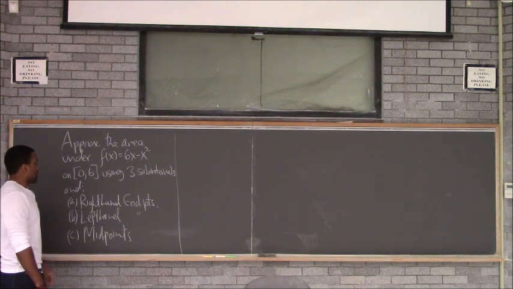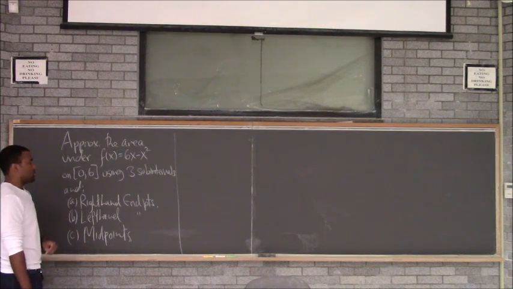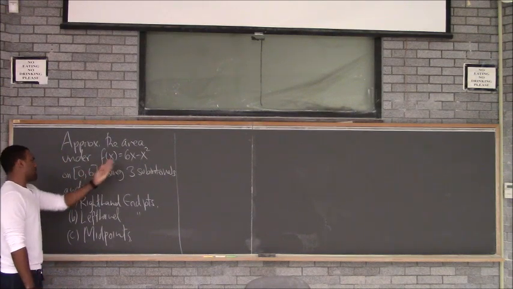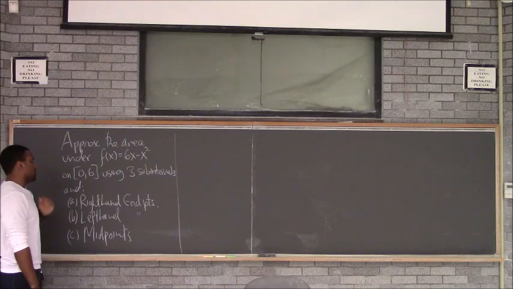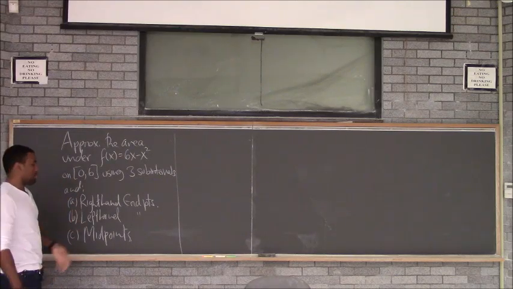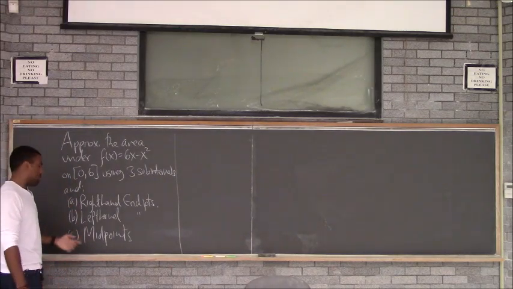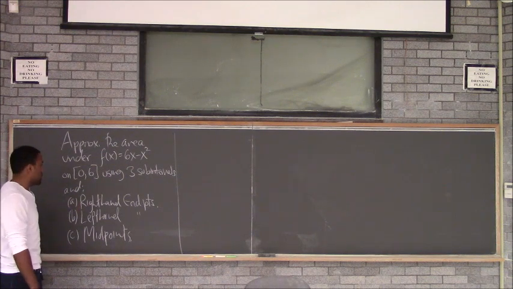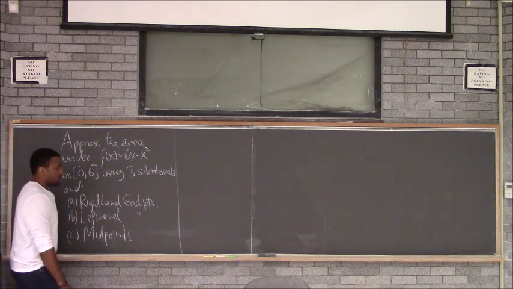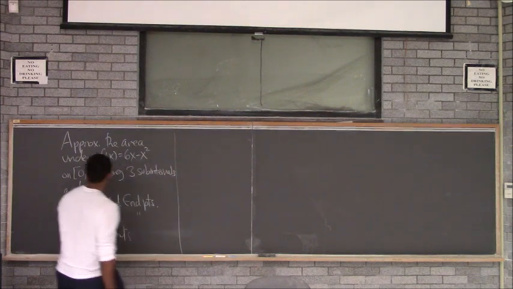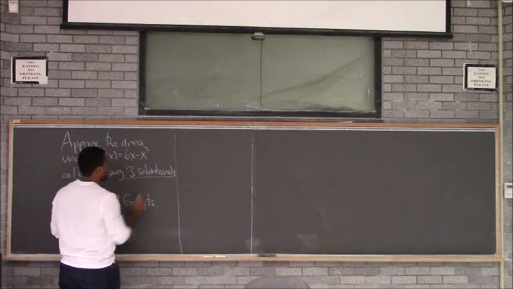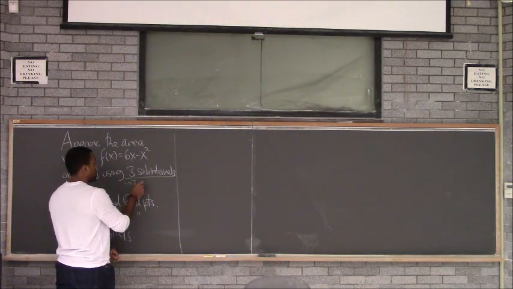But usually, for example on an exam or a final, one problem would just say, approximate the error under this curve on this interval using right-hand endpoints, or left-hand endpoints, or midpoints. They'll usually ask for one of these. Another way that you can see this phrased, instead of using three subintervals, they might say three rectangles.